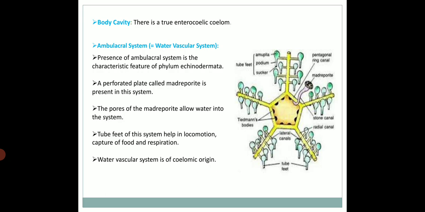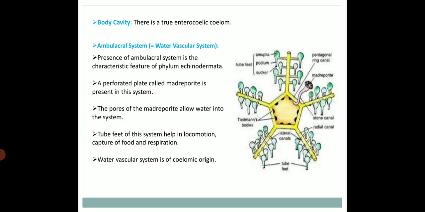Next one is the ambulacral system, or we can call it the water vascular system, which is a very important character of phylum Echinodermata. The presence of this system is a characteristic feature, and here is the picture of how exactly the water vascular system functions in echinoderms.